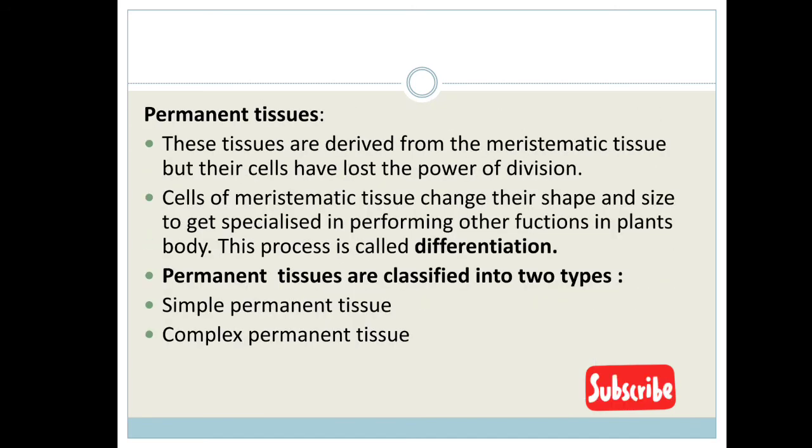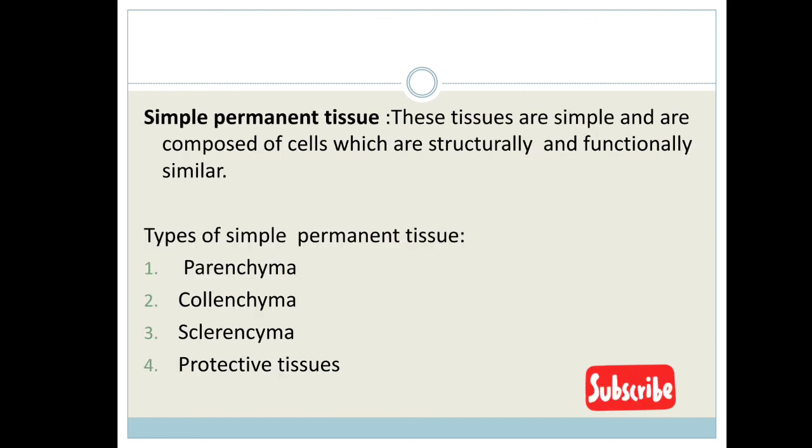Then the permanent tissue. These tissues are derived from the meristematic tissue only, but their cells have lost the power of division. Permanent tissue is classified into 2 types, the simple permanent tissue and the complex permanent tissue. The simple permanent tissue is divided into 4 main types, that is the parenchyma, collenchyma, sclerenchyma, and protective tissue.